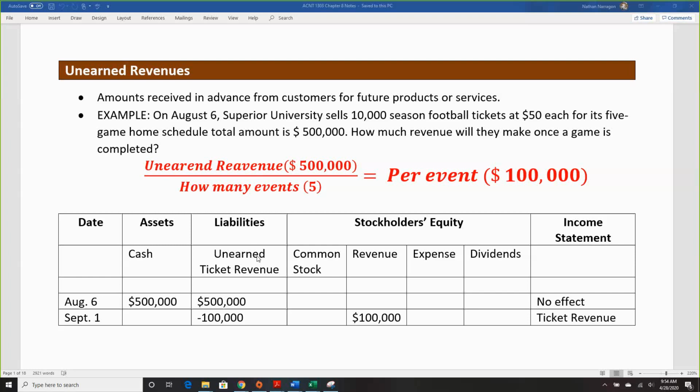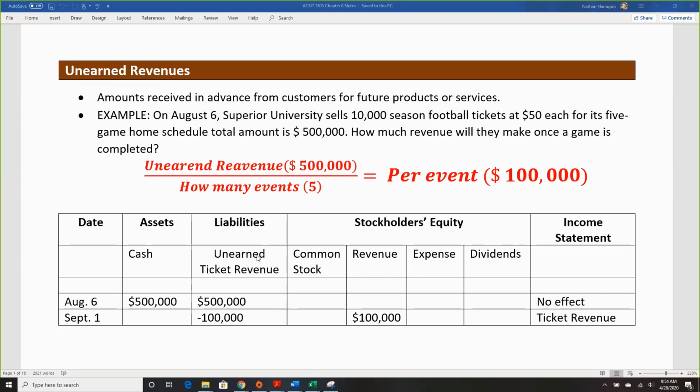Now, when they play that first game, they have earned a portion of the tickets that they sold. And we usually have to figure out how much did they earn. Well, if their season is 5 games, which I did as an easy number because we know no football season is 5. Unless it's the XFL, and that's the way it went.